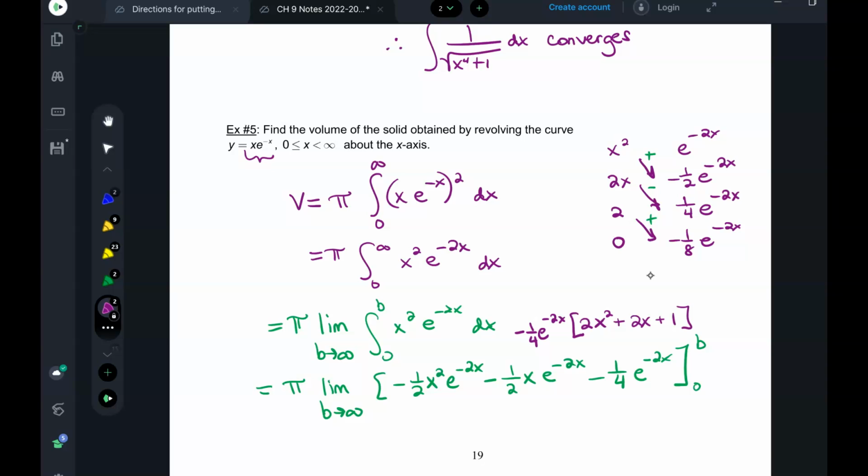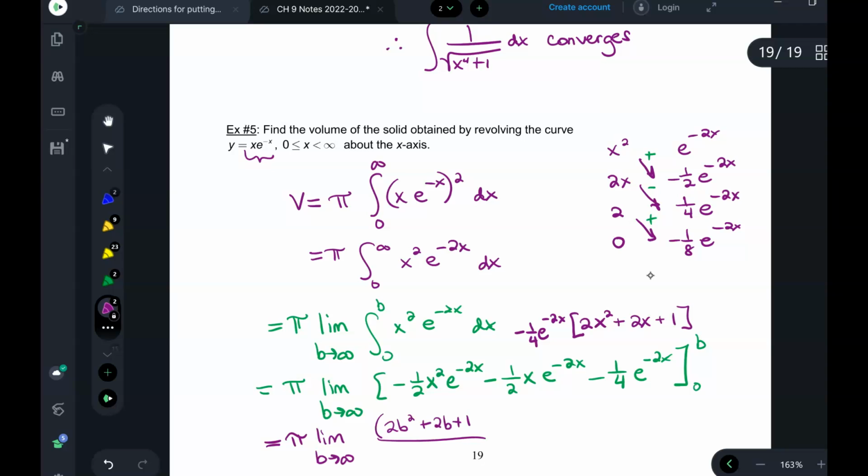So what are we going to end up with? I will have 2b squared plus 2b plus 1 over 4e to the 2b, minus, and now I'm going to plug in 0.